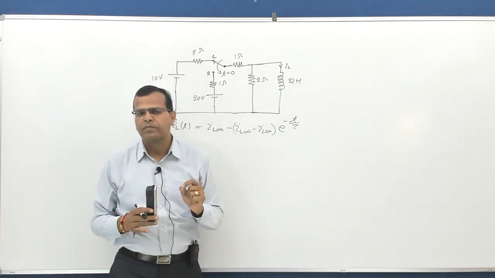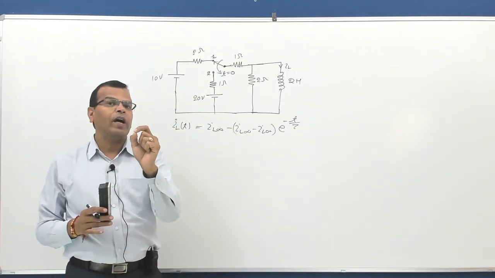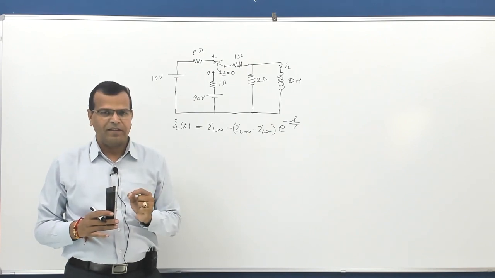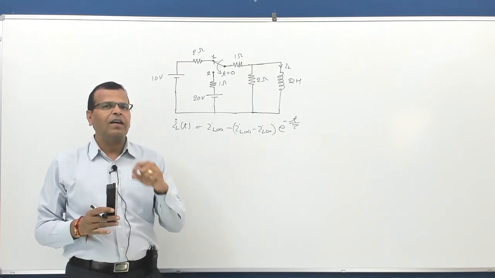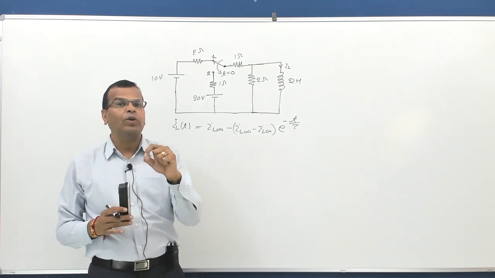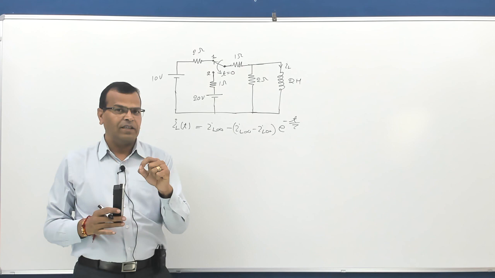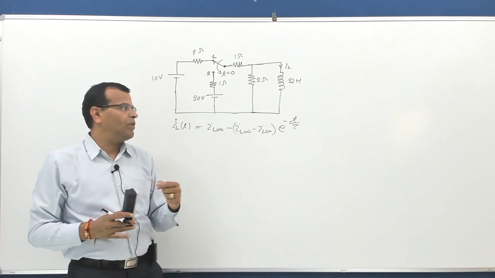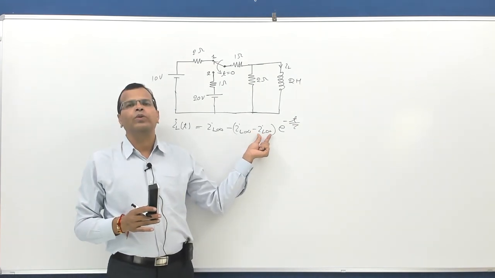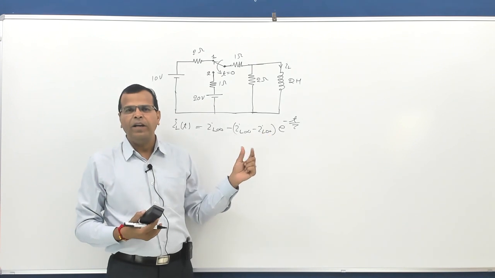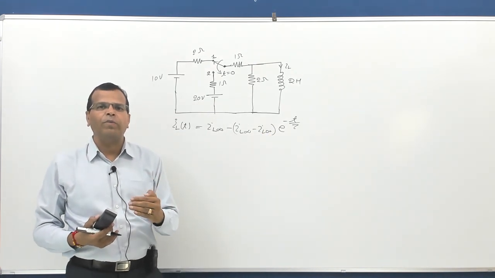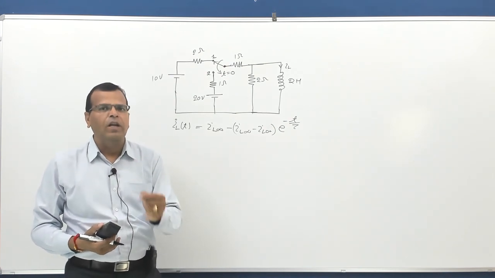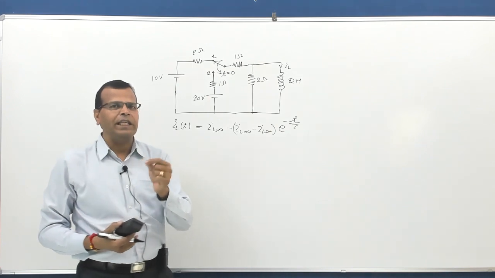Remember, current through an inductor cannot change instantaneously. So the current through the inductor at t equal to 0 minus will be the same as the current at t equal to 0 plus, because current through the inductor cannot change instantaneously.